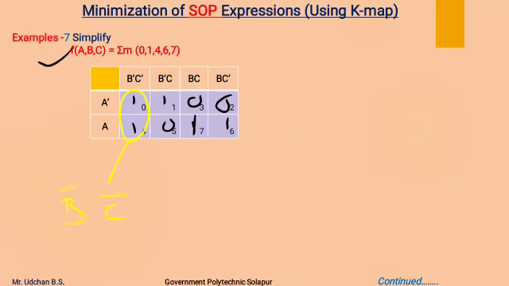After that, this one is not encircled with anywhere, so we can form another pair like this, which will give the expression as A bar B bar.